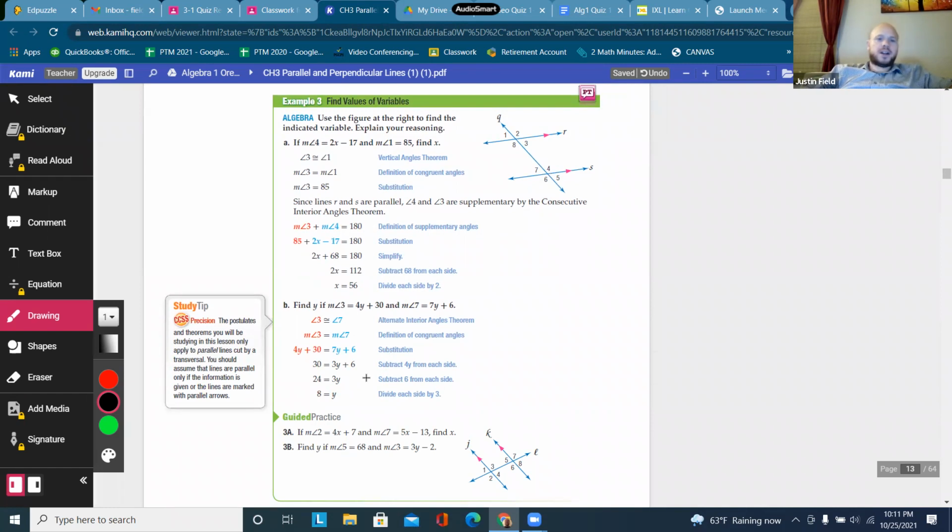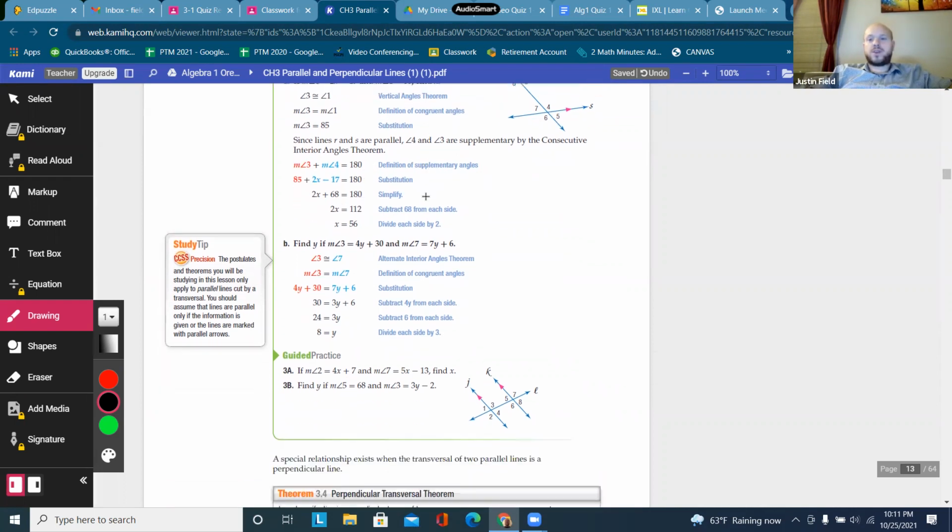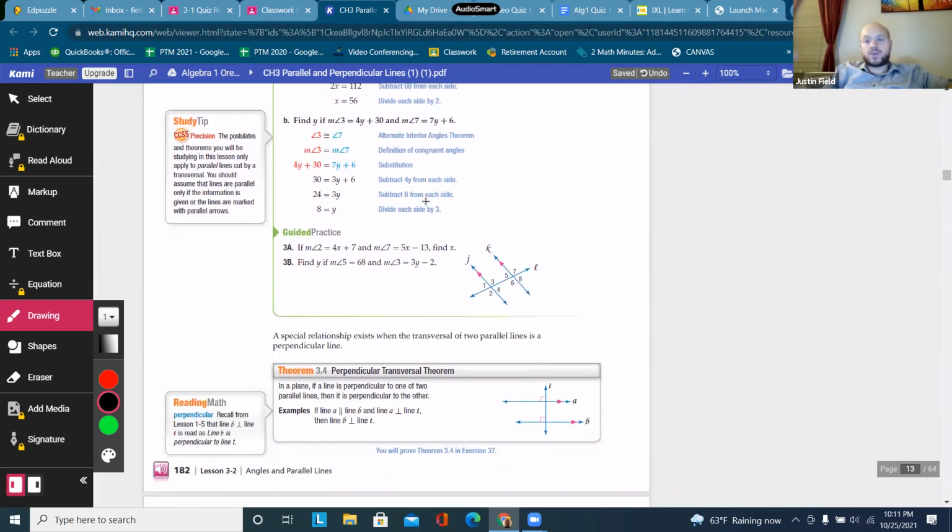Oh, finally, the value of the variables. I love these questions. If the angles are congruent, then the expressions get set equal to each other. If the angles are supplementary, then we add them to 180. So let's try angle 2 and angle 7.